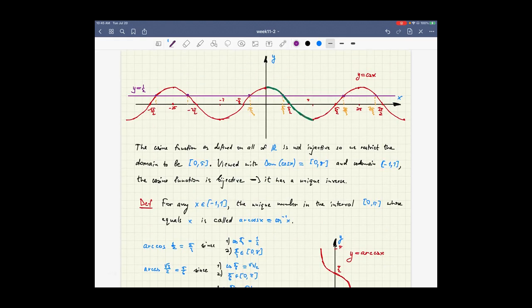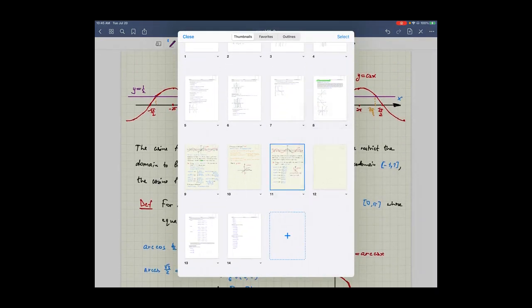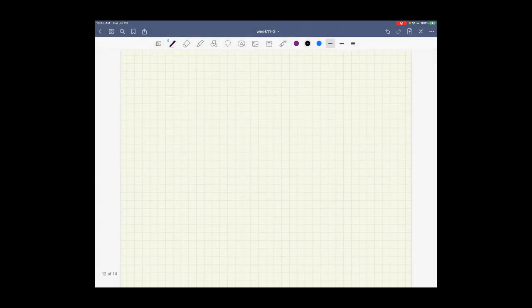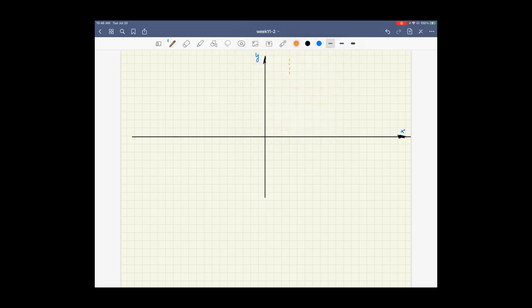And let's finally do the same analysis for tangent. Remember, the tangent function has asymptotes at pi over 2, at negative pi over 2, and then there is a branch between these two asymptotes.